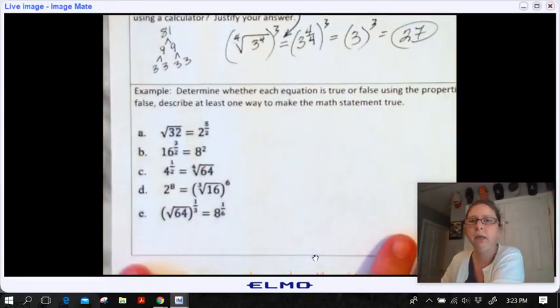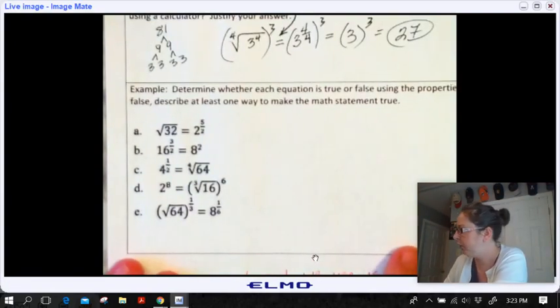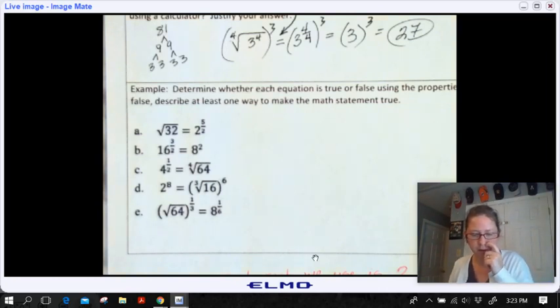Determine whether each equation is true or false using the properties of exponents. If false, describe at least one way to make the math statement true. Okay, so to figure out if these are true or false. So let's go ahead and take a look at this.